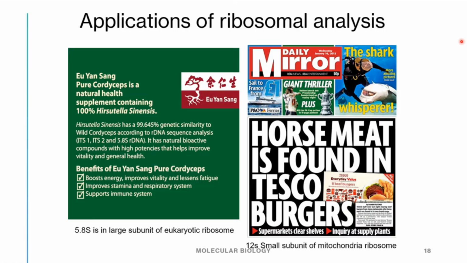So what happened was that people used the sequence of the 12S small subunit of the mitochondrial ribosome to identify the species a particular piece of meat is coming from. And from there they identified horse meat in the meatballs and burgers that people were buying from supermarkets.